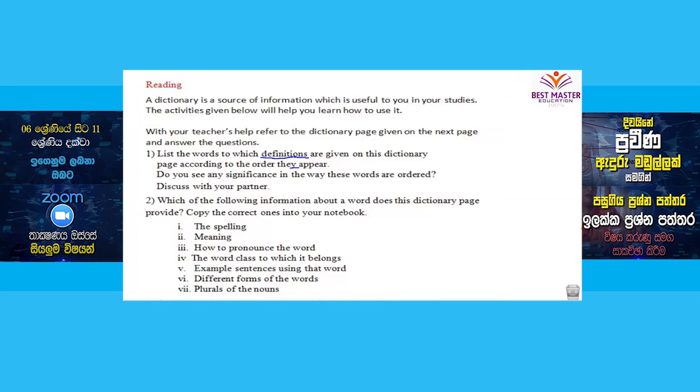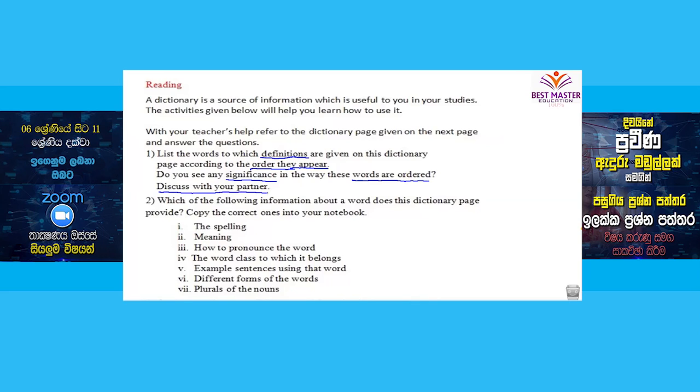Appear, order. Right. Do you see any significance in this way? Significance. In this way, these words are ordered. Does this show you a little orderliness, some significance? Discuss with your partner.